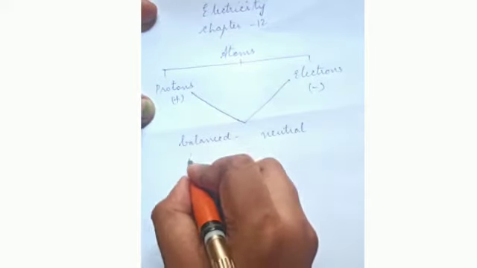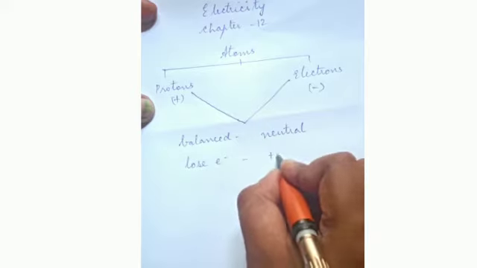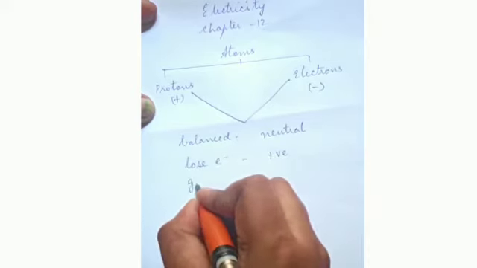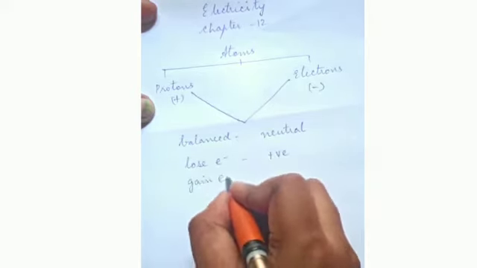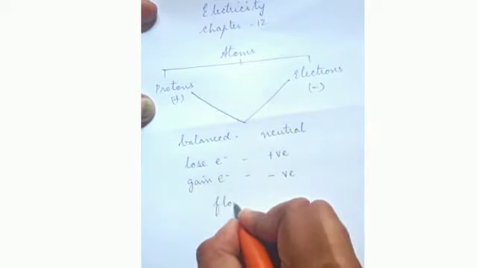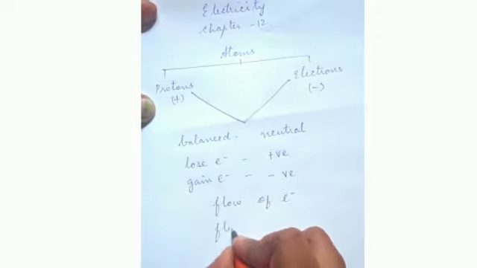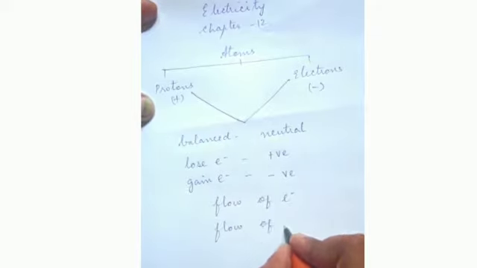When an atom loses an electron, it is positively charged. When an atom gains an electron, it is negatively charged. So the flow of electrons means flow of electric charge.